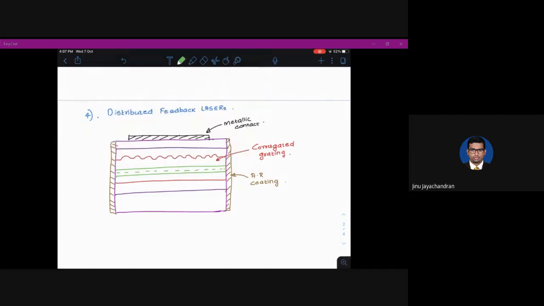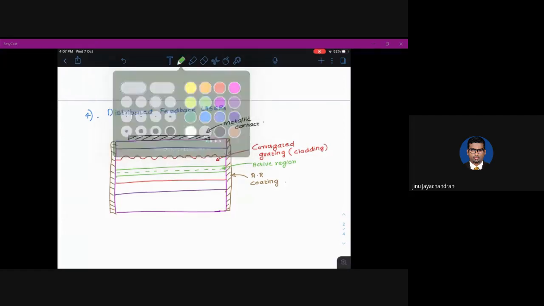Okay, and this is your active region. So the corrugated grating is the cladding or guided layer. The active region is your core.